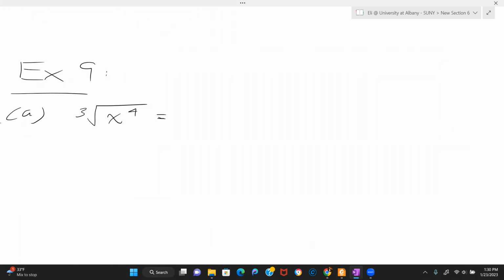In this case, we can just remove one multiple. So 4 can be written as 3 plus 1, so it's x to the 3 plus 1. And then, using properties of exponents, we can write it in this way.